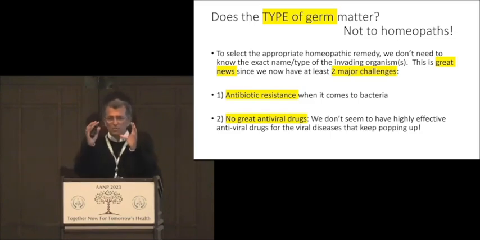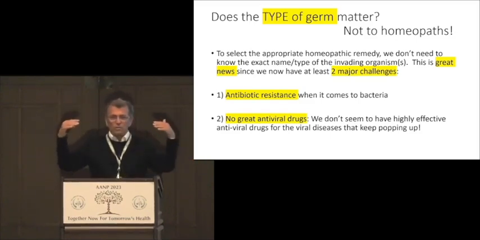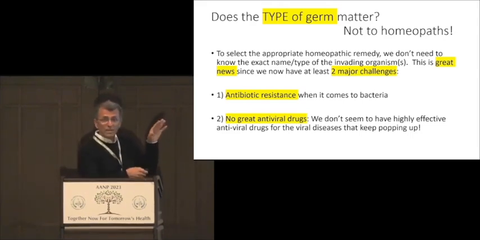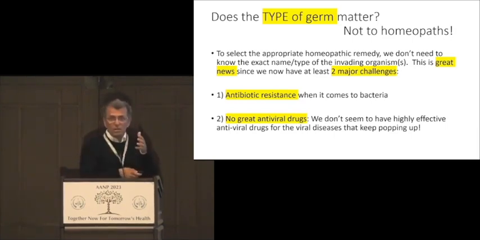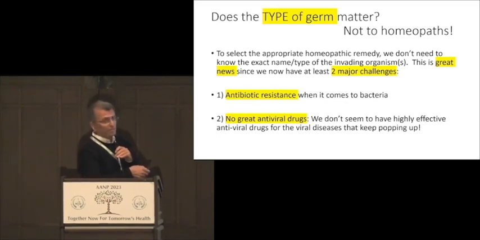We just see the symptoms. We look at the picture, the symptoms the patient is presenting with, and we find a remedy that matches the symptoms. So the type of germ doesn't matter. And that's a very key advantage we have over conventional colleagues, and even over naturopaths who don't use homeopathy. We're free from that requirement, which is such a blessing.